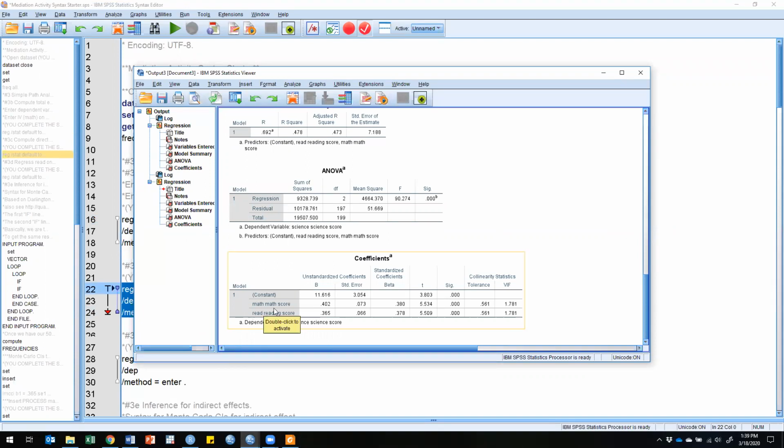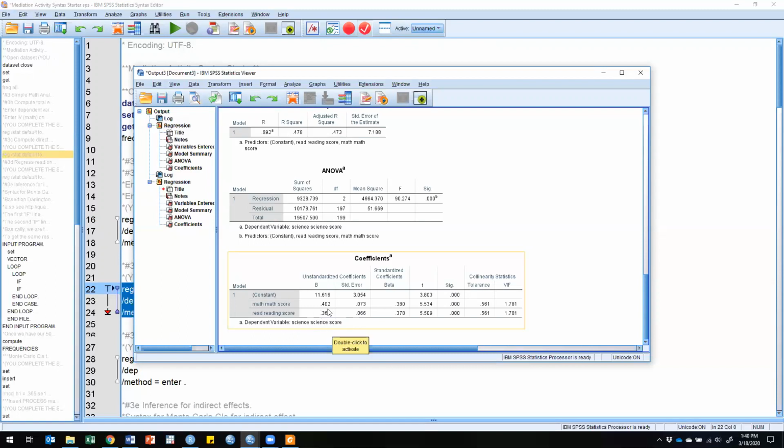So now for math here, this is the direct effect of math achievement on science achievement. Okay, so 0.402 is our estimate of our direct effect. For every 1 unit increase in math scores, we would expect science achievement scores to increase by 0.4 units, controlling for the effect of reading scores.